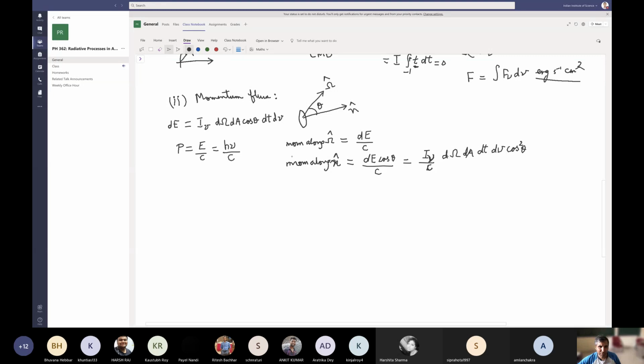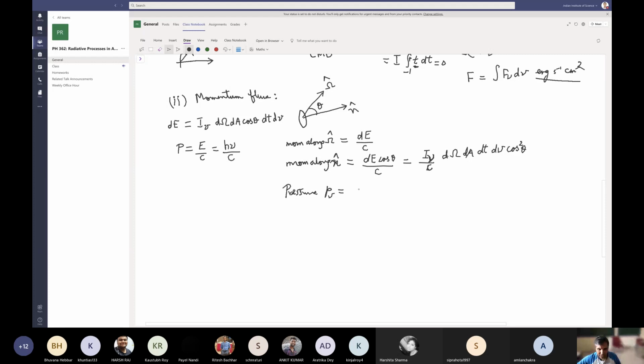But we are interested in adding over all such photons covering all these angles theta. So that's basically what the pressure is. So this is pressure, radiation pressure, P nu, is equal to, basically you integrate over all these angles theta.